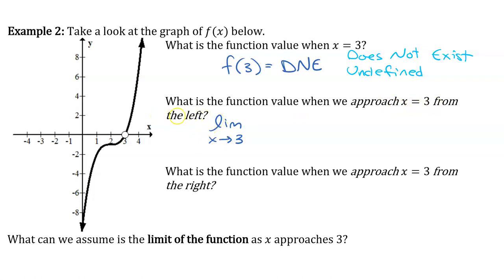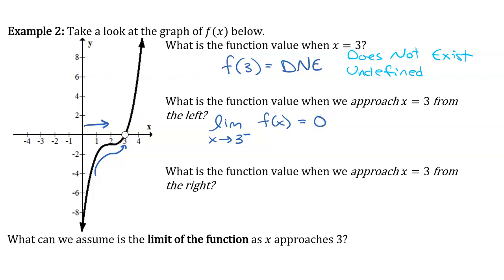So to indicate this from the left part, we would say x approaches 3, and then we would have a little bitty minus sign in that top corner to indicate that it's from the left. Okay, so the limit as x approaches 3 from the left of f of x equals. As we come from the left, we're looking at the graph itself, the dark line, and as we get closer and closer to 3, that would be 0.